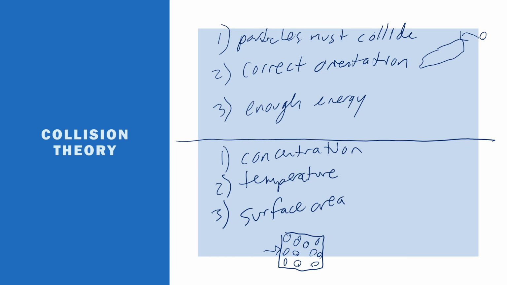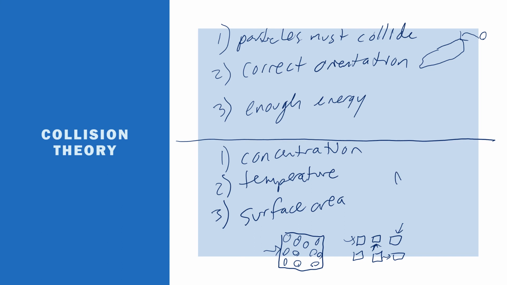But if you were to break that sugar cube up into a bunch of little pieces instead, then there's lots more surface, lots more area where the collisions can happen. So the greater the surface area, the smaller the particles, the more likely it will react, the more collisions, the faster the rate of the reaction.